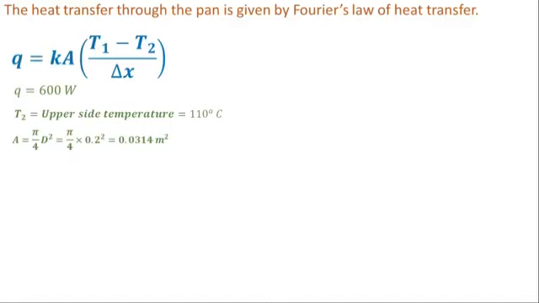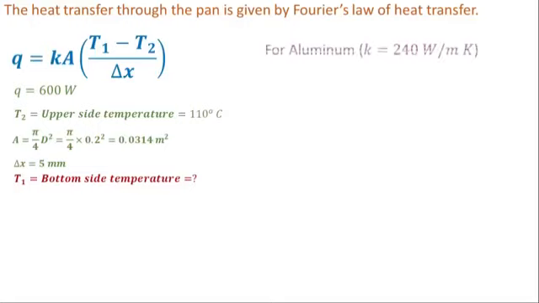So the area which is perpendicular to the heat transfer will be circular area, and it will be given by pi by 4 d square, and it comes out to be 0.0314 meters square. The thickness through which heat is transferred is around 5 millimeter, which is given in the problem statement. We have to find the bottom side temperature T1, which is exposed to the stove.